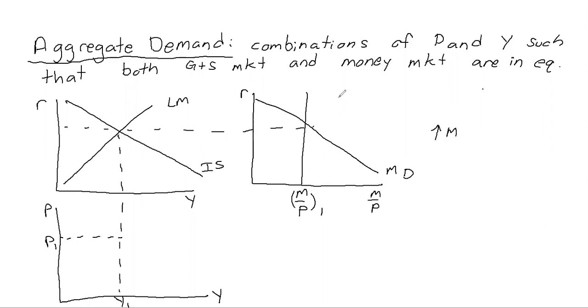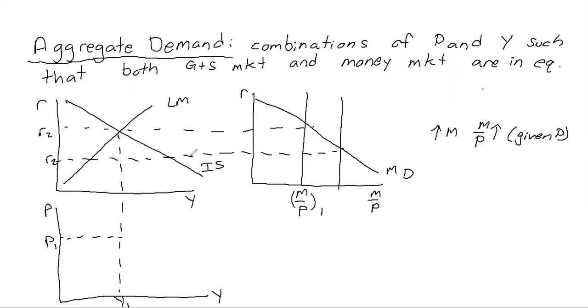So that will shift M over P, the real money supply, to the right. And now we're going to see that M over P increases, given the price stays the same. We're going to see a decrease in our real interest rates to R2.